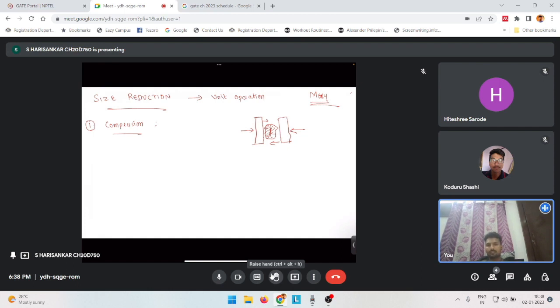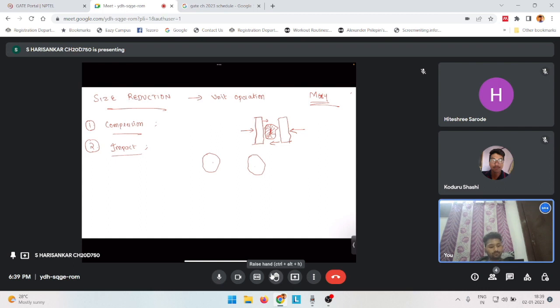Then you have something called impact. For impact, let's say you have a particle and another particle. These can both be the same particles, or they can be different as well.